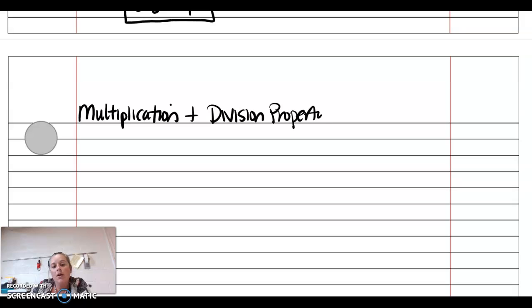The multiplication and division property, very similar. So we'll highlight that.